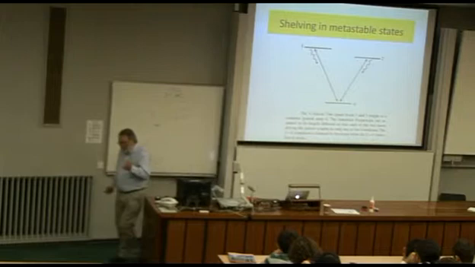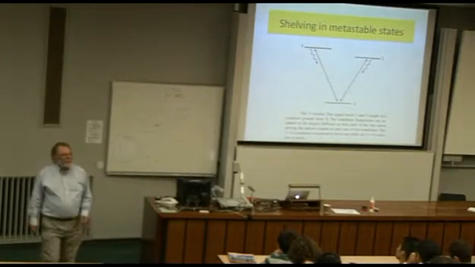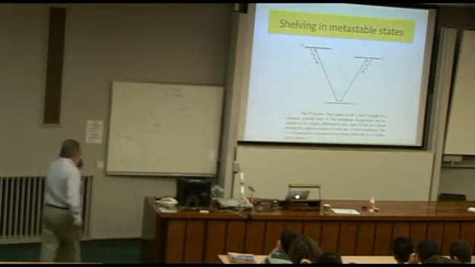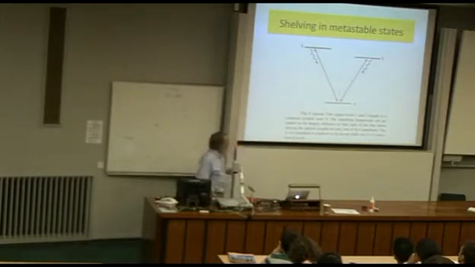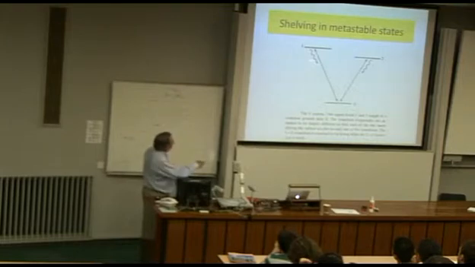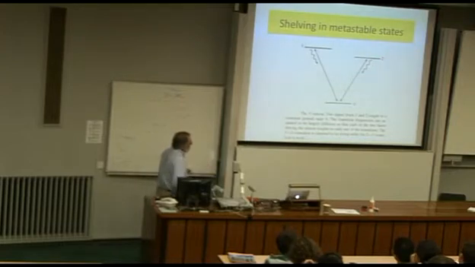Let's look at spontaneous emission jumps as well, and that was mentioned by David because shelving is the way that you actually do a lot of your manipulation of ions. I take a V system with a strongly allowed transition like so, and a weakly allowed transition, that could be a metastable state.